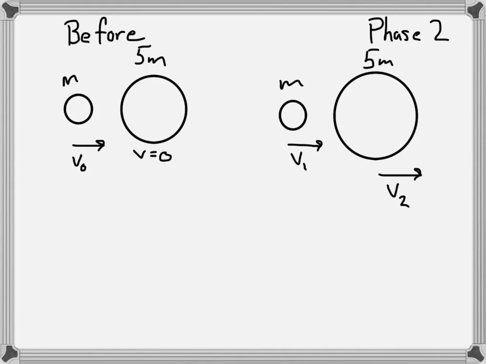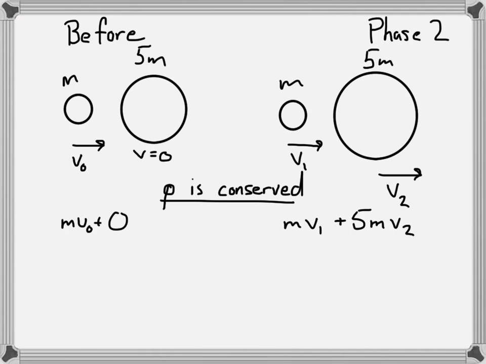Okay, so during this collision, we know that momentum is conserved. So the total amount of momentum before the collision was just mv naught. The total amount of momentum after the collision is mv1 plus 5mv2. And because momentum is conserved, we can set these equal to one another.